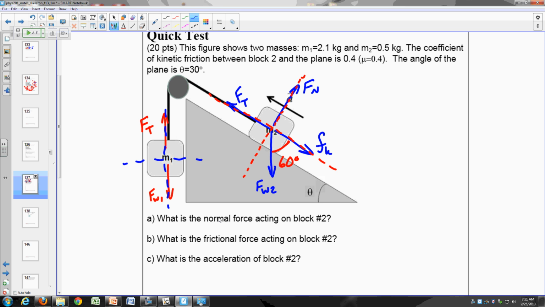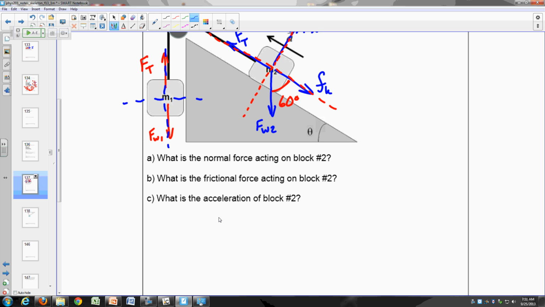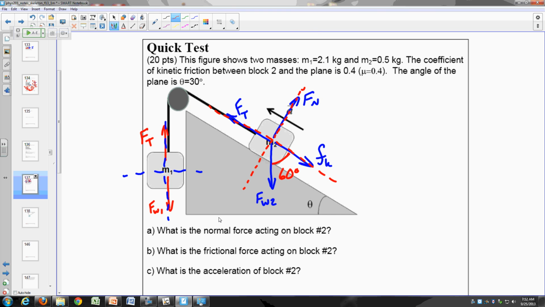All right, now our next step is to resolve the vectors. And then we'll do the fourth step, and then we'll address the questions. So I'll do this up here. We're just going to resolve them for this one.